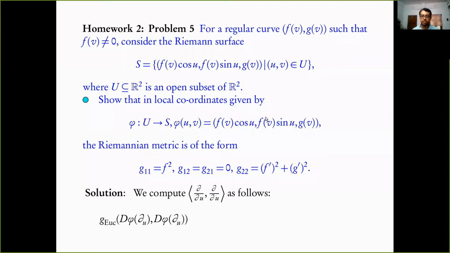You take the inner product, and that's what you assign, right? So this is going to be nothing but to differentiate. When you differentiate this with respect to u, you get minus f of v sine u. Differentiate the second term, you get f of v cosine u. Differentiate the third term, you get 0. So it's simply f of v squared, right?